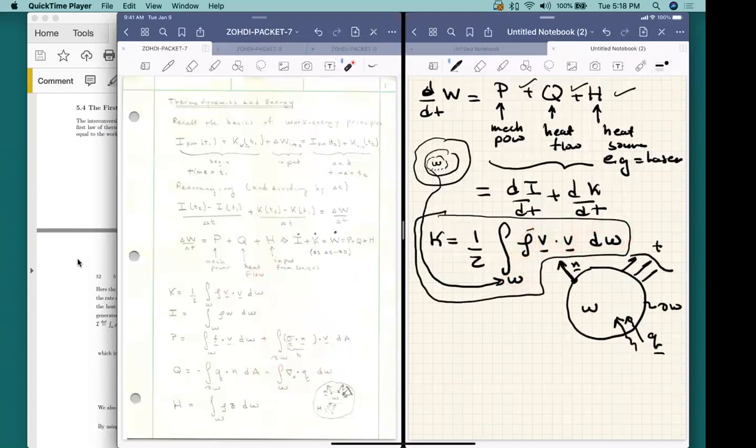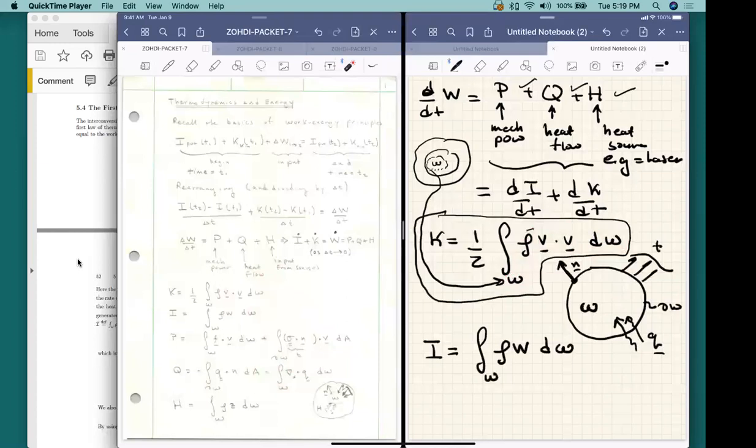The next one is the I. So if we look at I, which is the potential energy, that thing is going to be integrated as rho times something called W. So don't confuse this with omega. That's the stored amount of energy per unit mass. And we're going to again integrate that over d omega, over the volume.